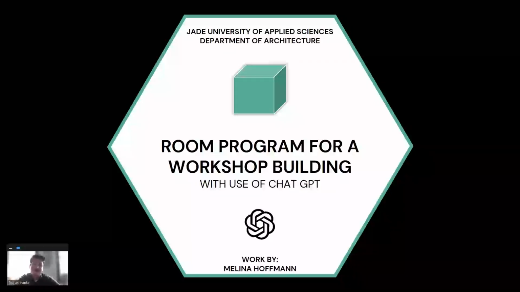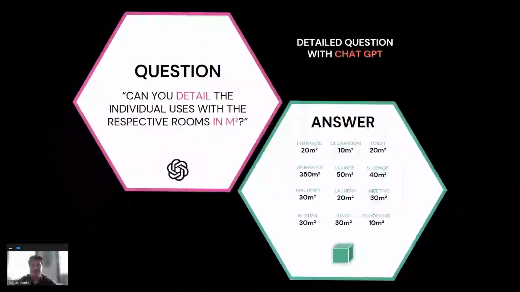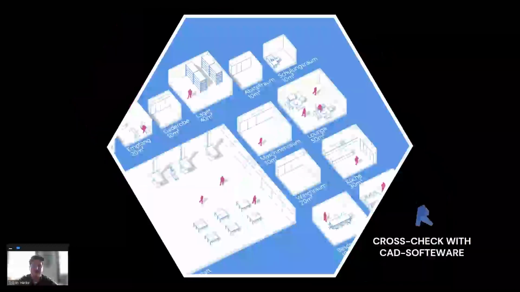In another case study, ChatGPT was used to investigate whether it would be possible to create a room program for a workshop building. For a beginning, the student asked ChatGPT to create a room program for a workshop building with specific parameters. The AI defined areas that should be output in more detail with a further request.